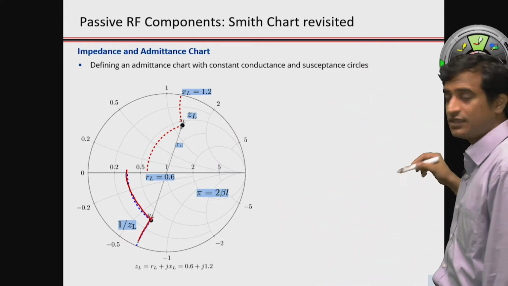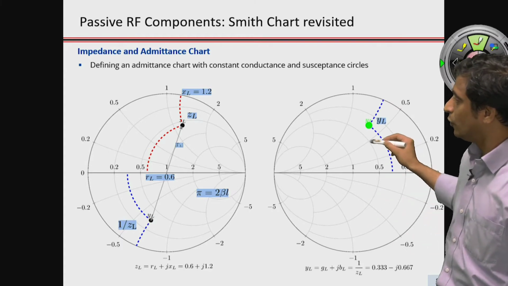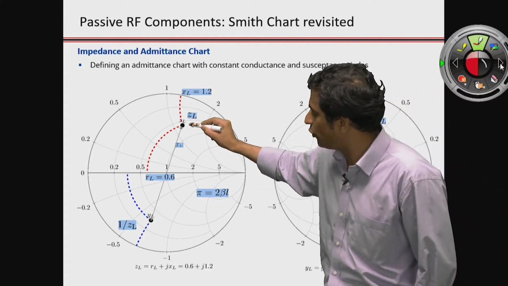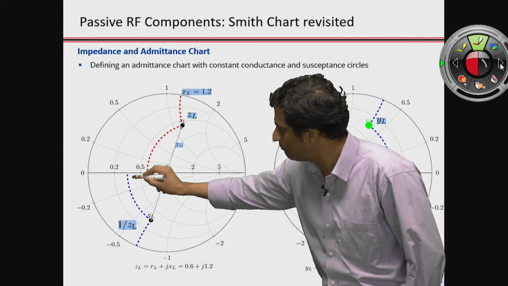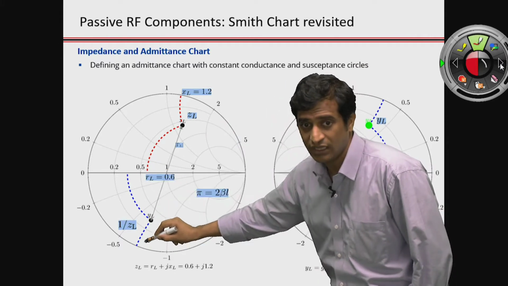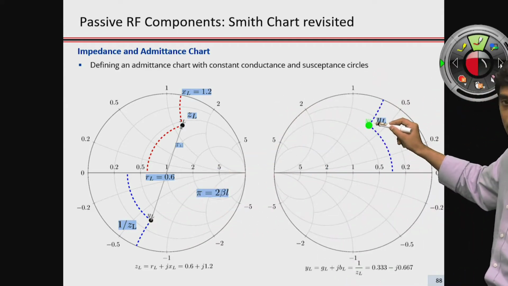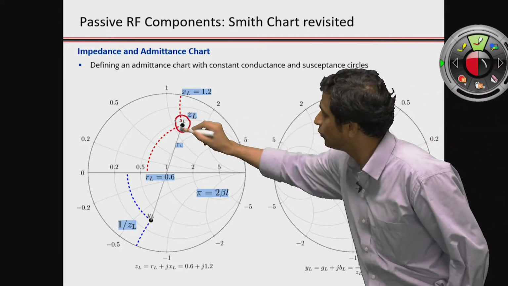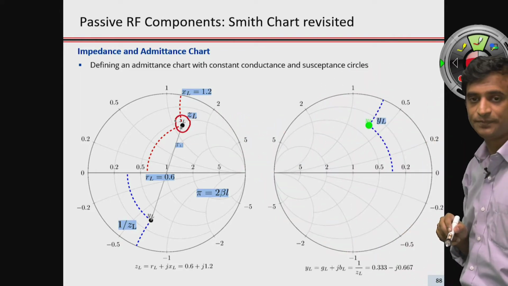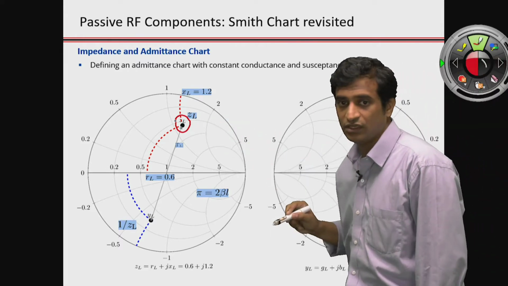Such a chart is called an admittance chart, which looks like this, where for every impedance point, at the diametrically opposite point, we get a certain real part and an imaginary part. That real part and imaginary part is traced back to the same physical location as the impedance point in the original impedance chart. Meaning, let's take this point here.